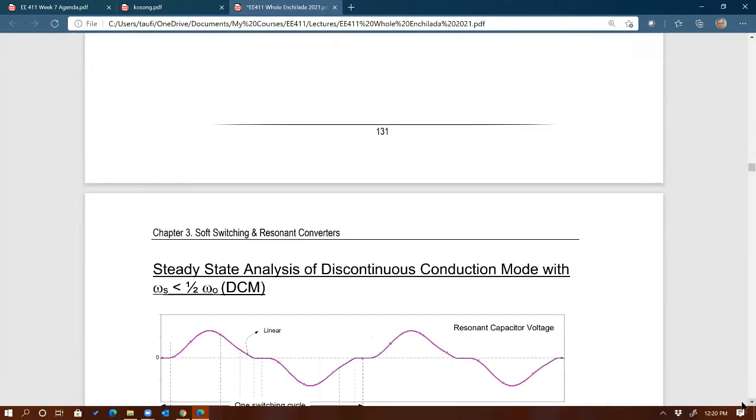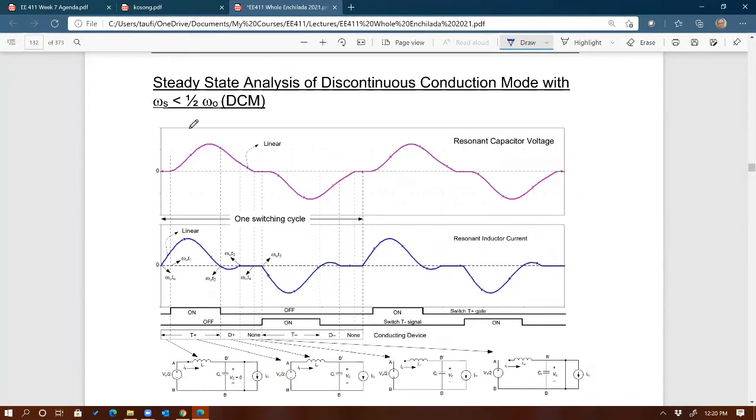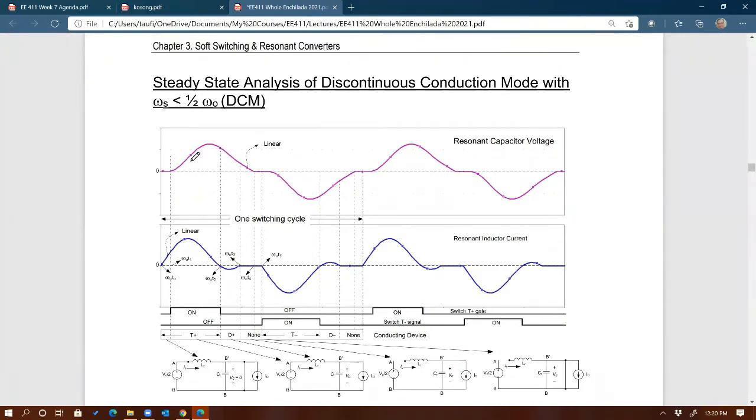This is the continuous conduction mode right here, where the switching frequency is greater than half of the resonant frequency. If you select the switching frequency of the circuit to be that, then you're going to end up with this continuous mode, where the resonant capacitor voltage and resonant inductor current waveforms will look like this.